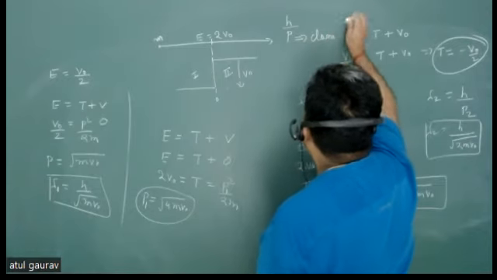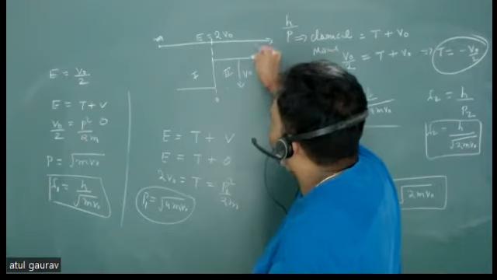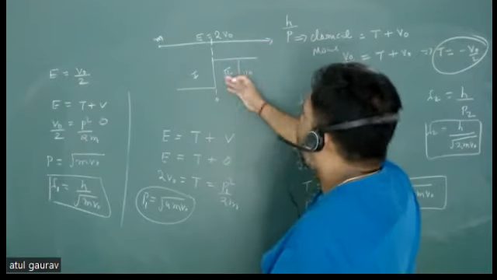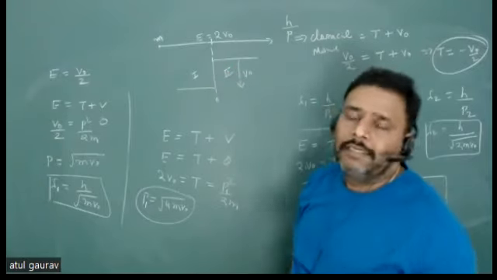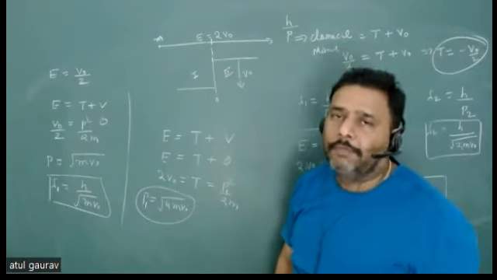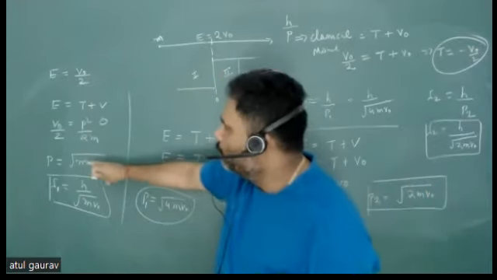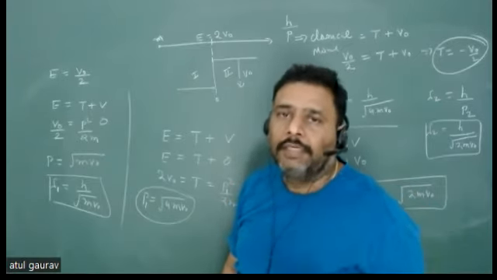Are you getting my point? Classical momentum. And in this region, there is no de Broglie wavelength associated to the particle, because classically the particle cannot come into this region. Classically, it will not come into this region at all. So we cannot have any de Broglie wavelength. The concept of de Broglie wavelength applies only when the magnitude of momentum is some real value.